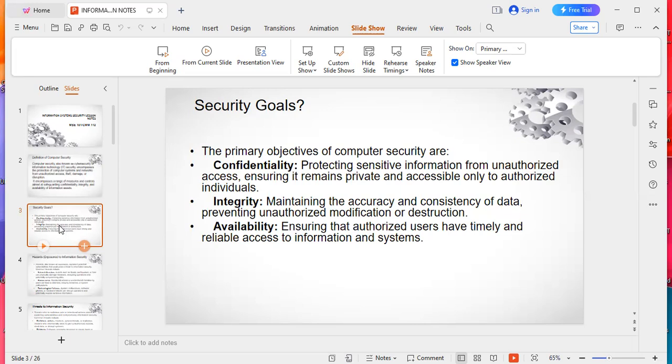Second is integrity, meaning that we maintain the accuracy and the consistency of data by preventing unauthorized modification and, of course, destruction. The third one is availability. This is to ensure that authorized users have timely and reliable access to information that they need.